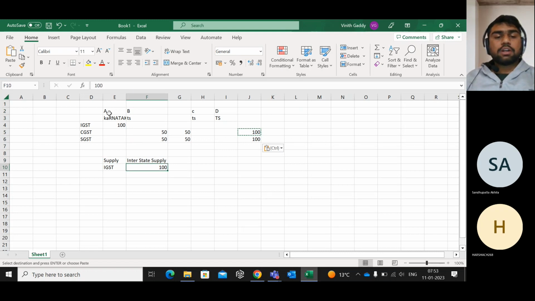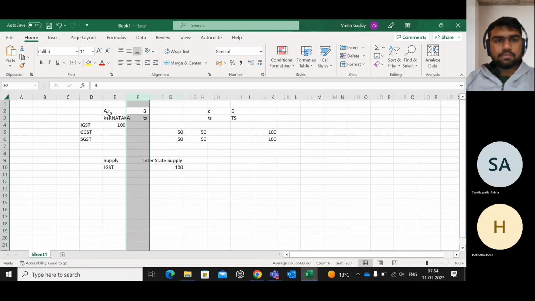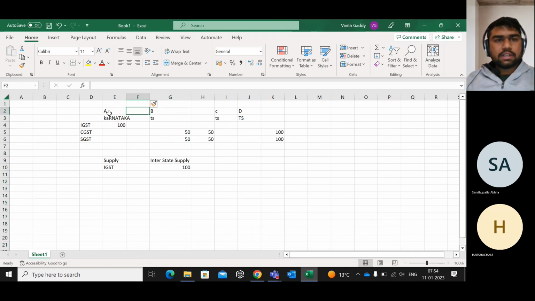What does the order of utilization mean? First, the entire IGST should get consumed. One more thing you do here for clear understanding. Let's take A1 also.